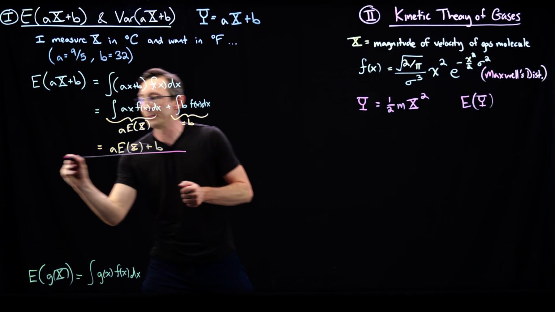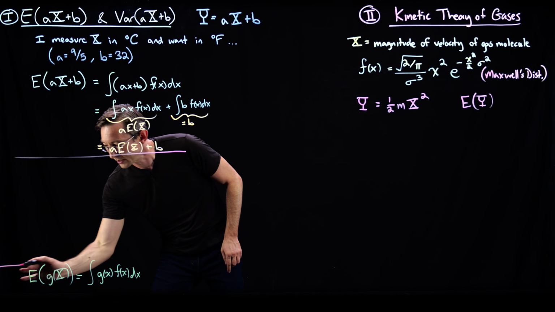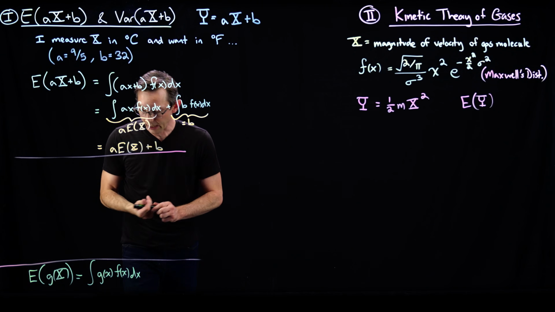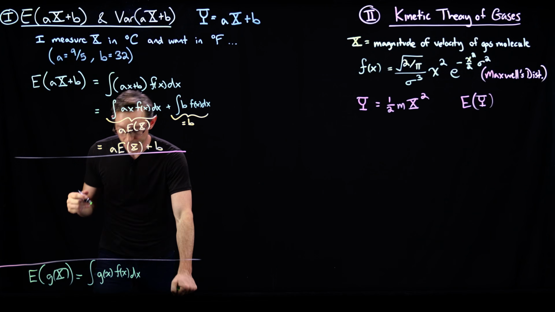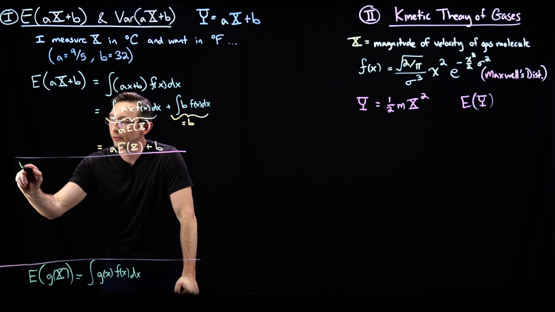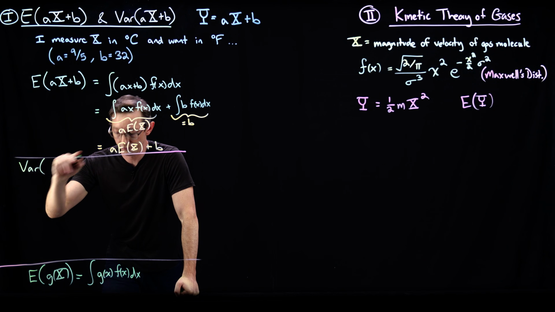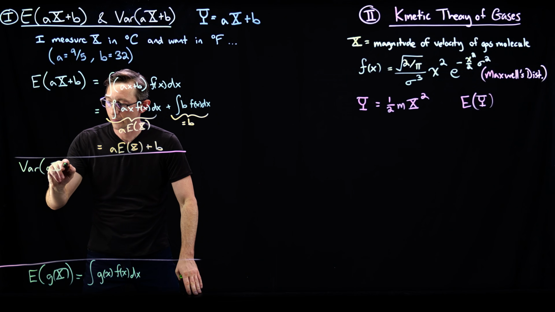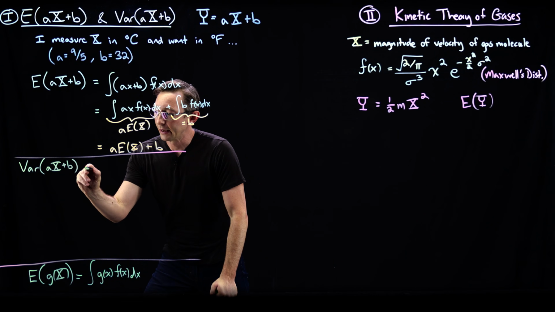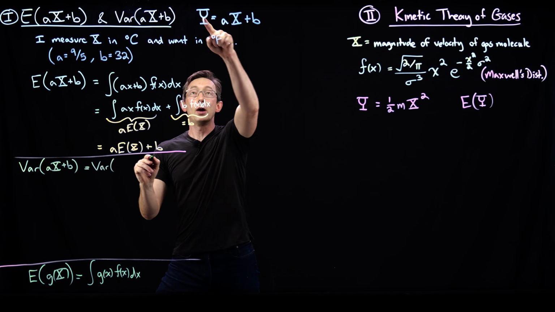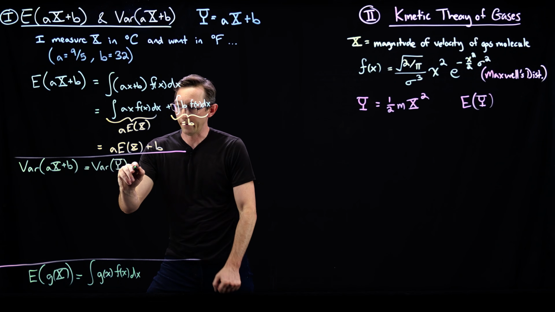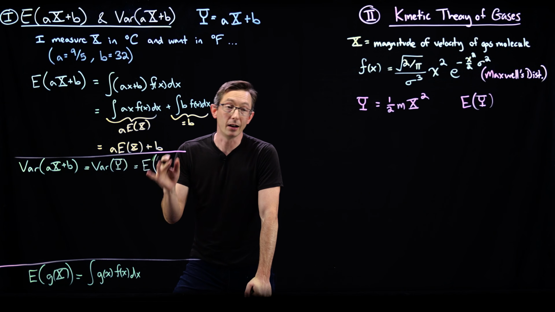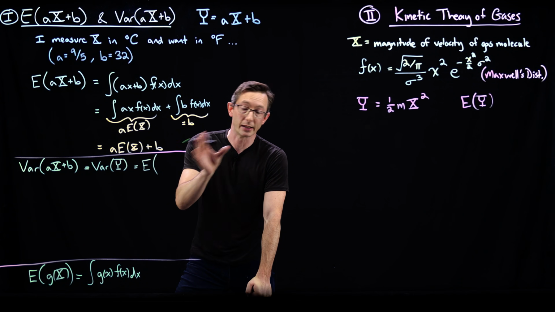This will be slightly more involved, but not really much. So now let's look at the variance of ax plus b. The variance of ax plus b is the same as the variance of my new random variable y, and that's equal to the expectation value of y minus the mean quantity squared.